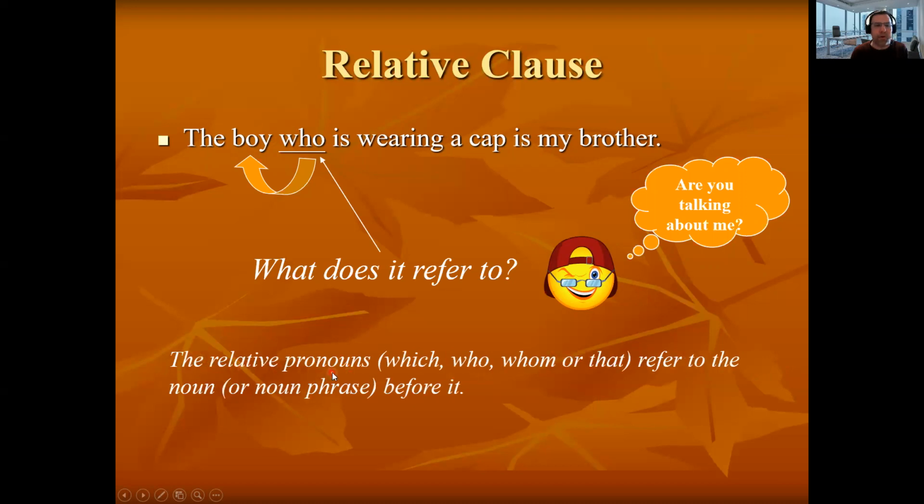The relative pronouns, which, who, whom, or that, refer to the noun or noun phrase before it. So when we have a relative pronoun, which is which, who, whom, or that, I'm always going to give information about the noun that comes before the relative pronoun, which is who in this case. And in the sentence here the noun is boy.